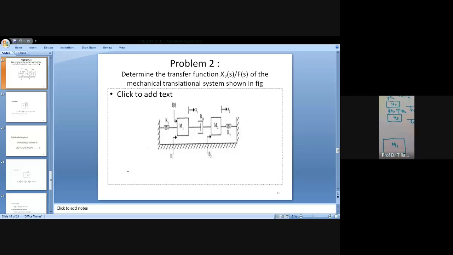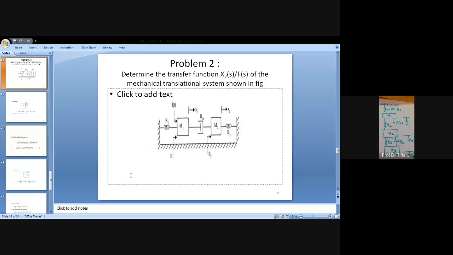Now, to draw the free body diagram, I have drawn M1. If you have not drawn it, you can refer to this. Refer to this and tell me what are the components connected to M1.